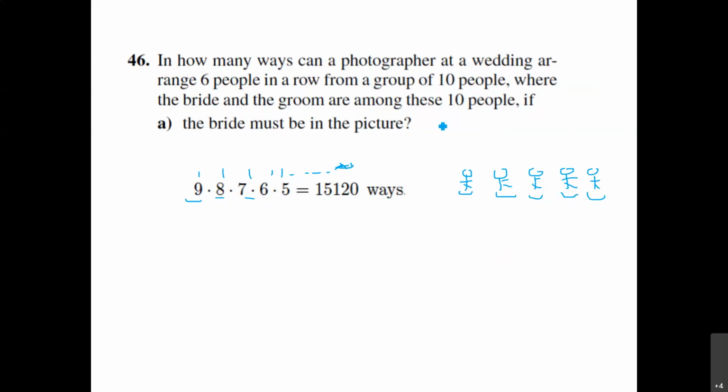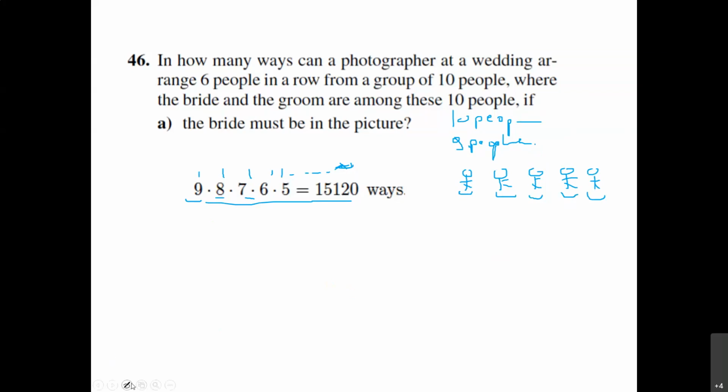So you had 10 people, you put the bride on the side, so you're left with 9 people, and you want to choose 5 from these. This is how many ways of choosing those 5 people.